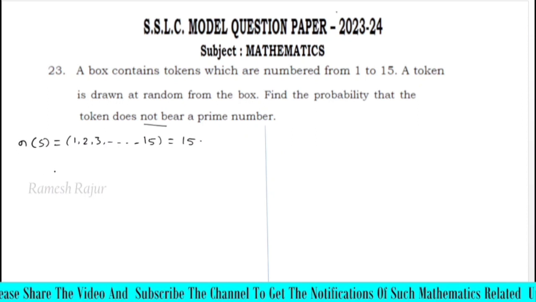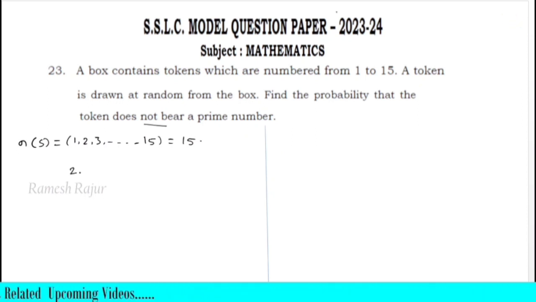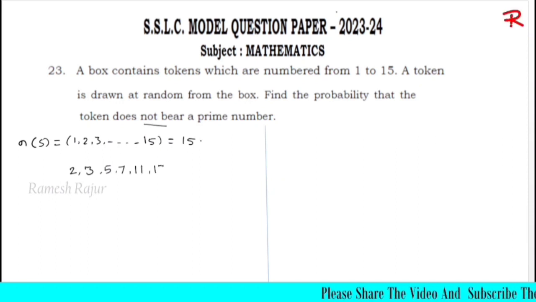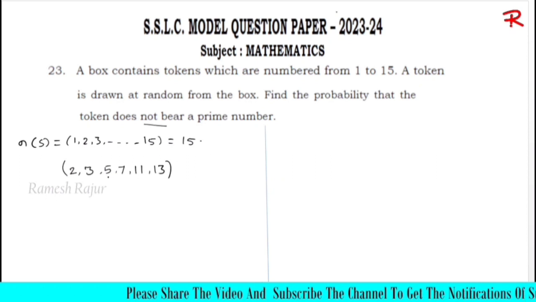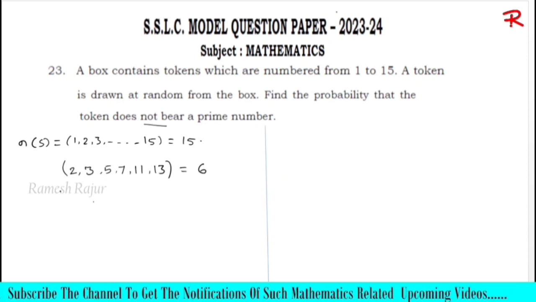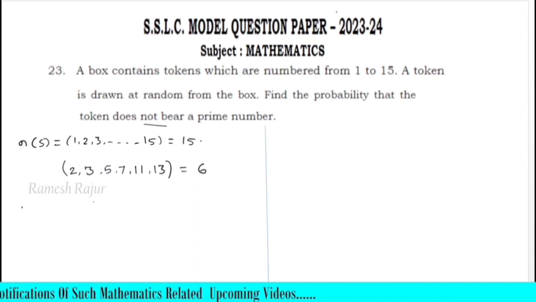Suppose we consider the prime numbers between 1 and 15. We have the first prime number as 2 and later 3 and next is 5, 7, 11 and 13. These are the prime numbers between 1 to 15. Here we have to select the numbers that are not prime numbers.